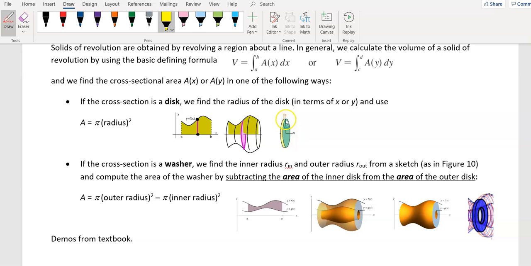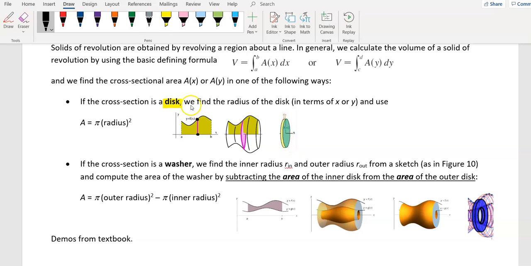If your cross-section does not have a hole in the middle, so here's a cross-section of this 3D shape here. Notice it does not have a hole in the middle. This is called a disk. It's solid all the way through.